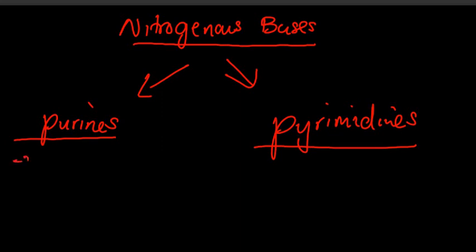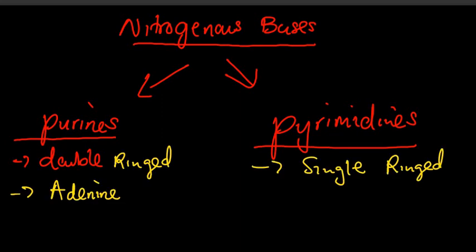So these are double ringed. Under purines we simply have adenine and guanine. These are the 2 types of purines that we have. So adenine is going to be represented by capital letter A. Guanine is simply going to be represented by letter G.